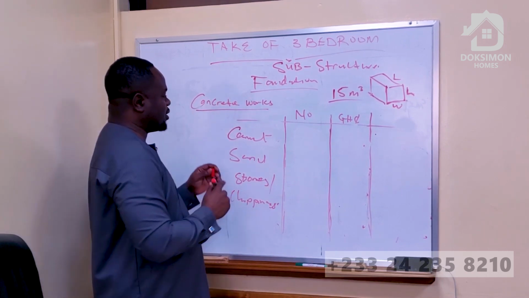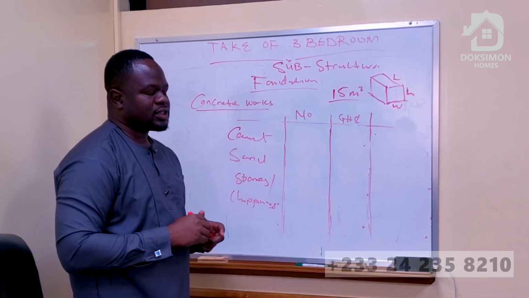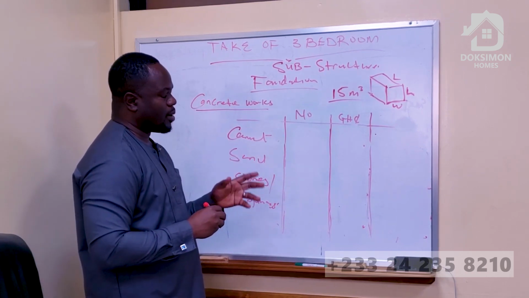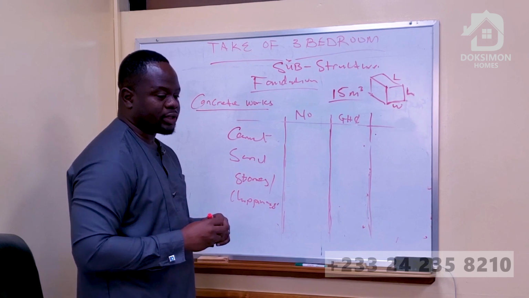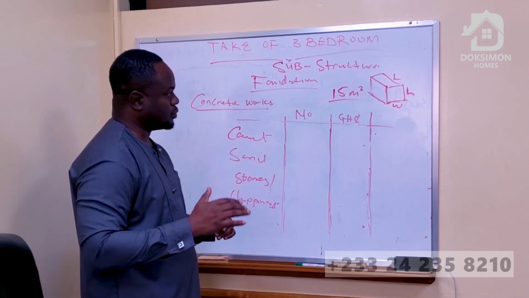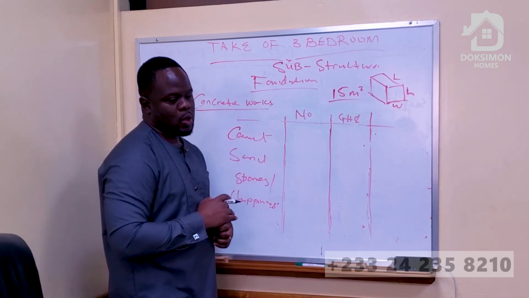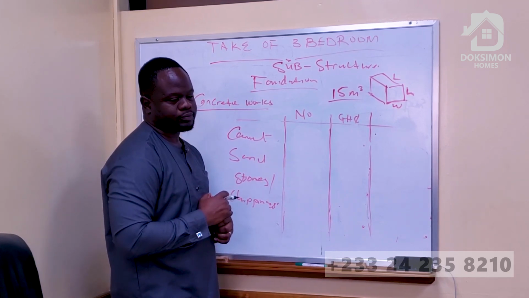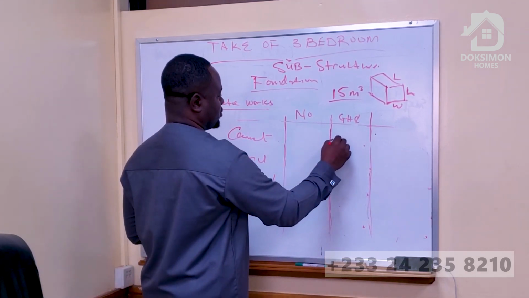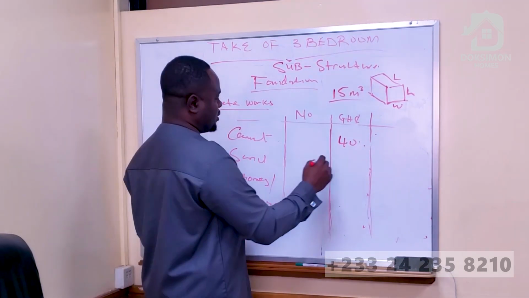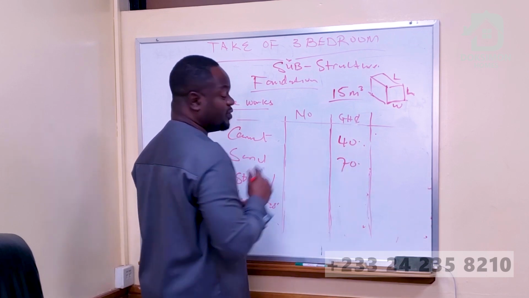Okay, so with the laterite, we are looking at 40 meter cube. I'll come back to talk about the laterite. Let's focus on the concrete. Okay, so we still have our cement being the same price, 40 cedi. We have our sand, 70 cedi.